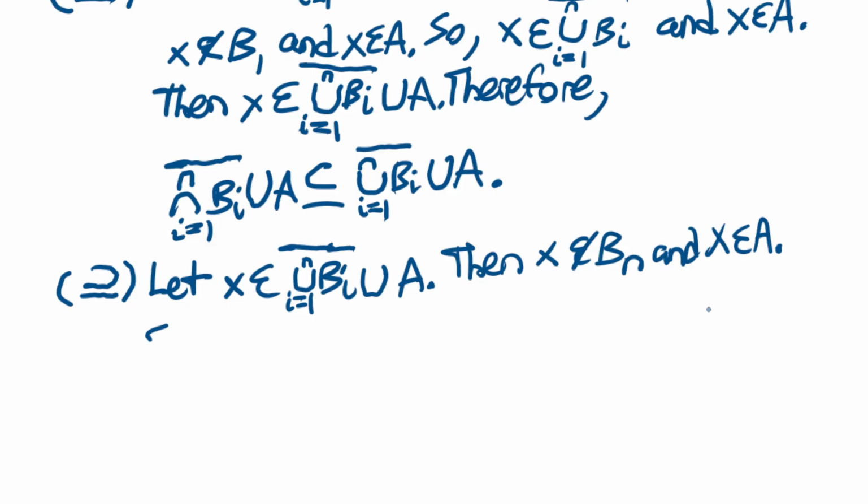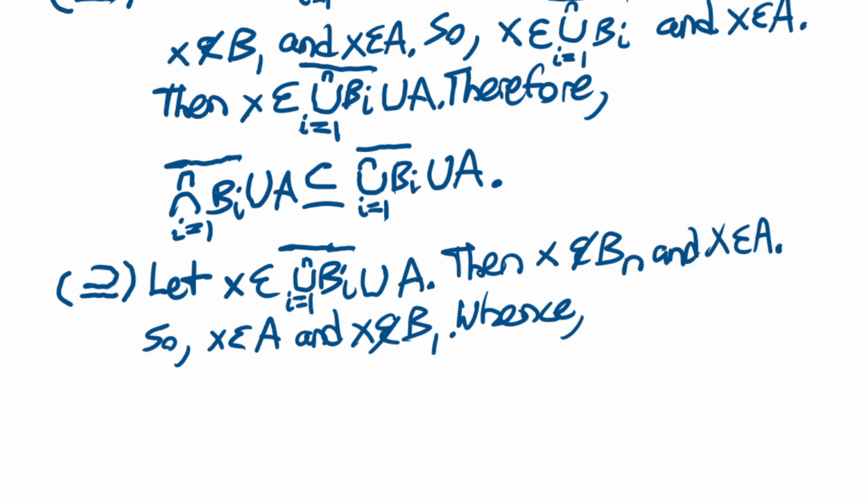So X is an element of A and X is not an element of B1. So whence X is an element of A and X is also an element of the complement of the indexed intersection of sets Bi.